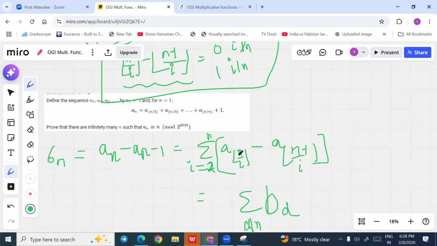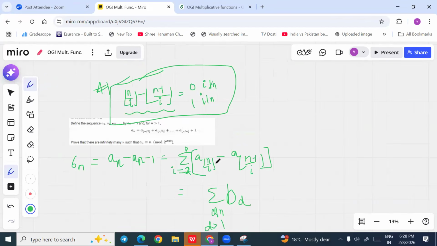The terms n by i and n minus 1 by i will just be equal if i does not divide n, so in that case this will just be 0. And in case i divides n, this turns out to be a form of n by d minus n by d minus 1, and n by d is just a divisor of n. Okay. So this just turns out to be this, right?